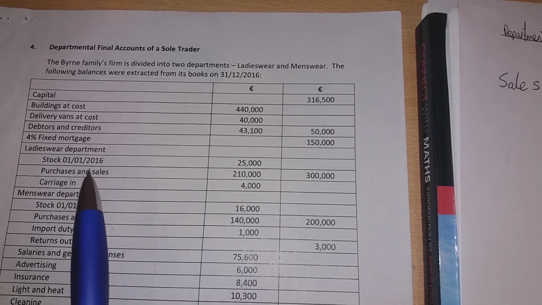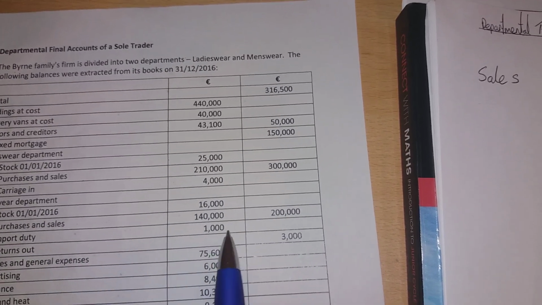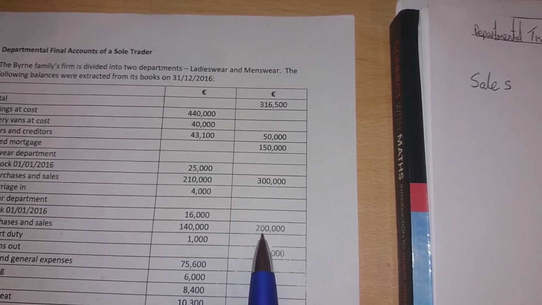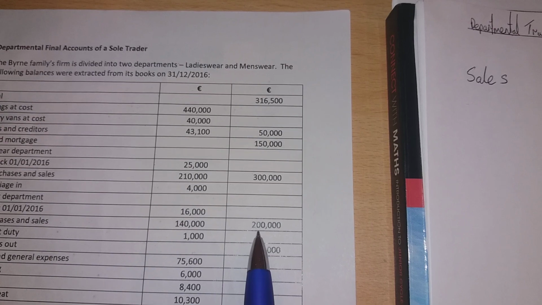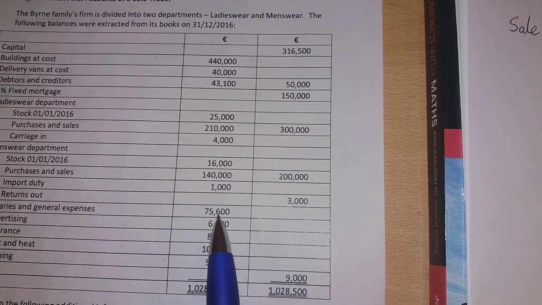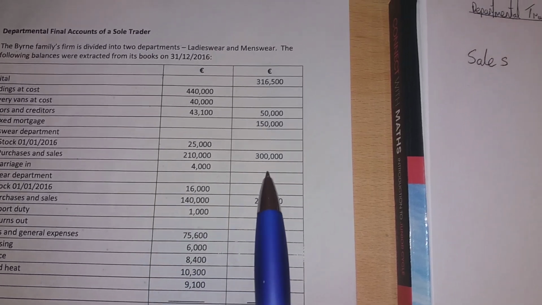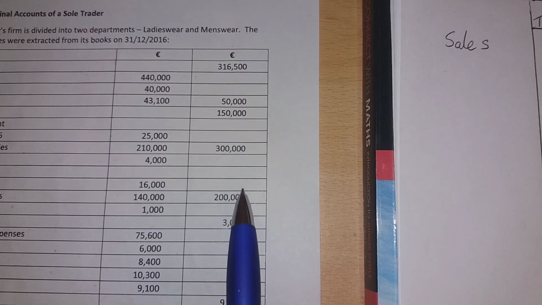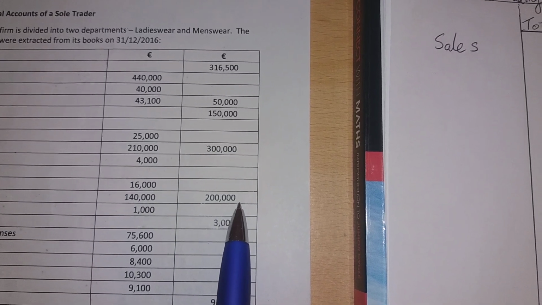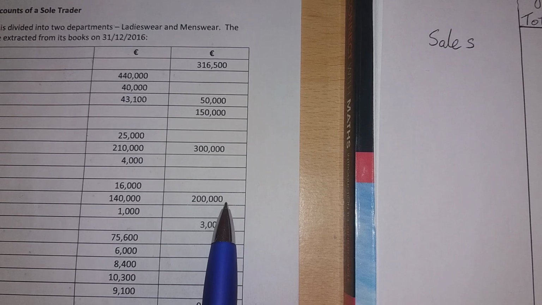So there's purchase and sales in the ladies' wear department and purchase and sales in the men's wear department. So in this question, sometimes you get individual figures and sometimes you get one large figure, as we see like here in the salaries and general expenses, and you have to split this up. Okay, in this case we don't have to split this up. In fact, we just have to put these 2 pieces of information together for the total columns and put them in individually in the ladies' wear and the men's wear columns.